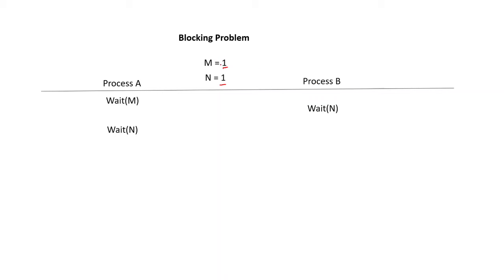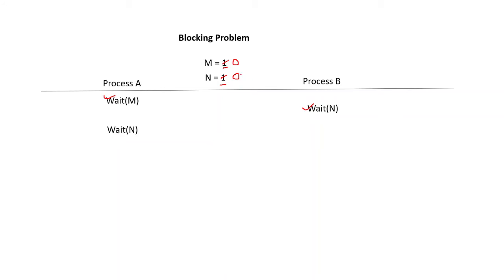Now while process A is still in the critical section associated with M, process A needs to access the critical section which is associated with N, and it needs to execute wait N. Now the value of M and N is 0, because as soon as process A said wait M, the value of M was changed to 0, and process B said wait N, the value of N was changed to 0.